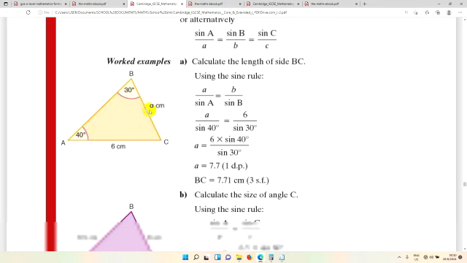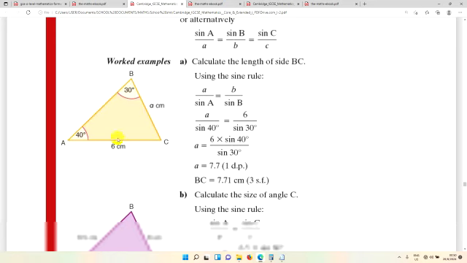Right, so what you do is we will use the sine rule. To calculate a length, the sine rule is a over sine A, which equals b over sine B. Sometimes we could put c over sine C, but because in this information we don't have anything here and we don't have anything here, we might neglect it, leave it out.